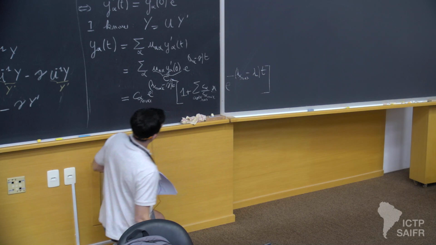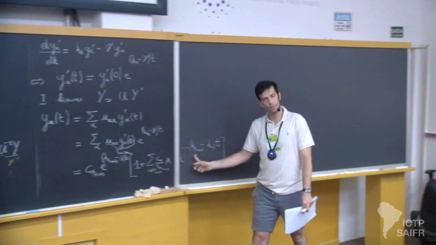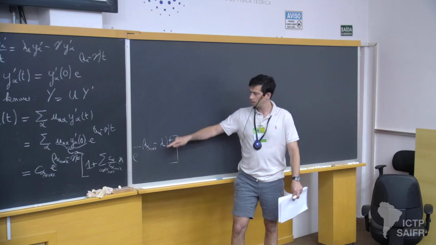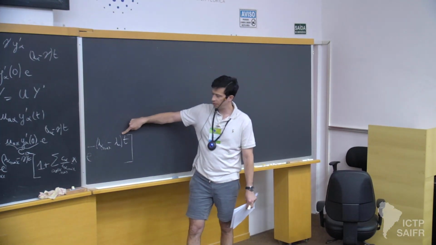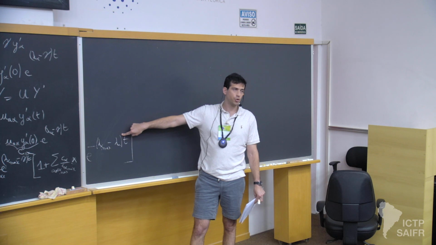If you look at this for a moment, by definition, because this is the largest lambda, the largest eigenvalue, what's in this exponential here is negative. And as t grows, this becomes more and more negative. The exponential function, when you go toward minus infinity, goes to 0.